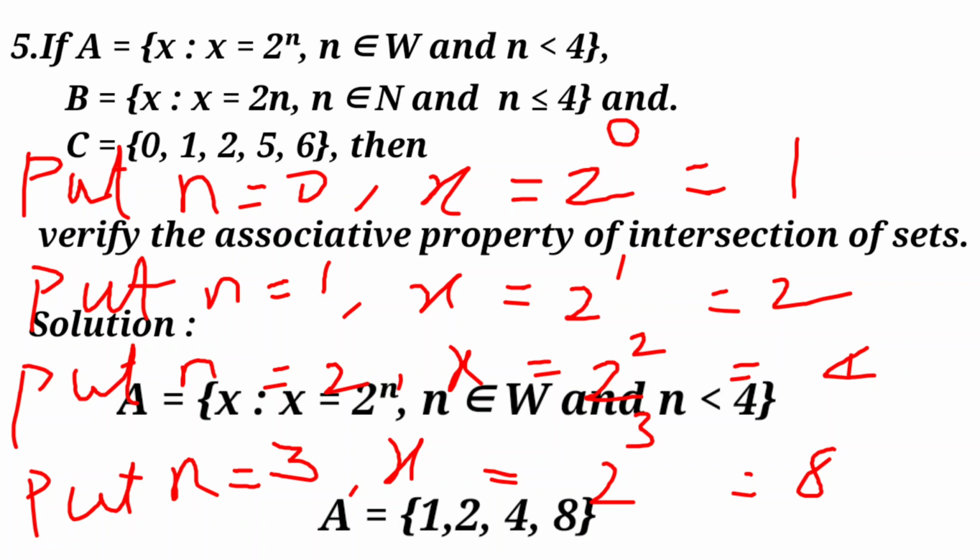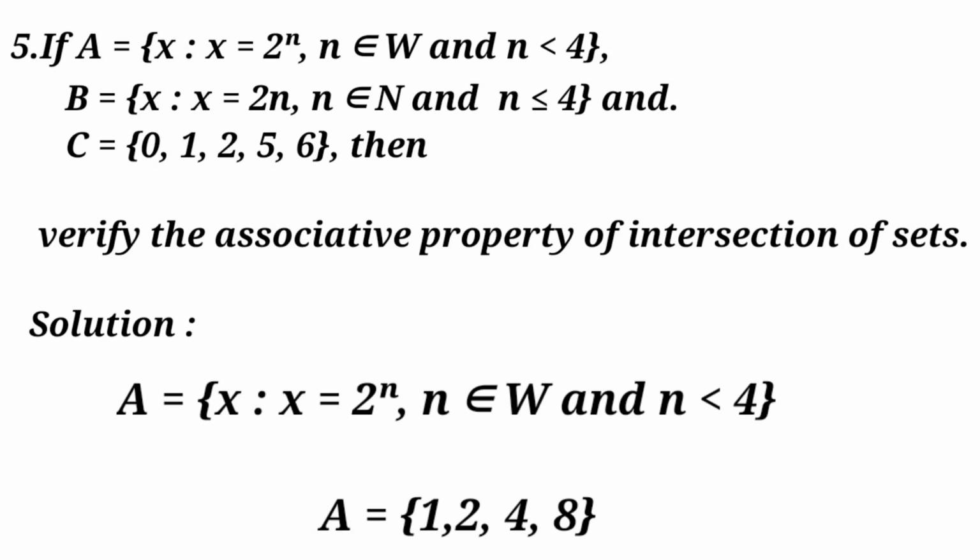Put n is equal to 1, x is equal to 2 to the power 1 is equal to 2. Put n is equal to 2, x is equal to 2 to the power 2 is equal to 2 into 2, which is 4. Put n is equal to 3, x is equal to 2 to the power 3 is equal to 2 into 2 into 2. We get 8. n is equal to 3 is enough because n less than 4. Therefore, the set A is equal to {1, 2, 4, 8}.